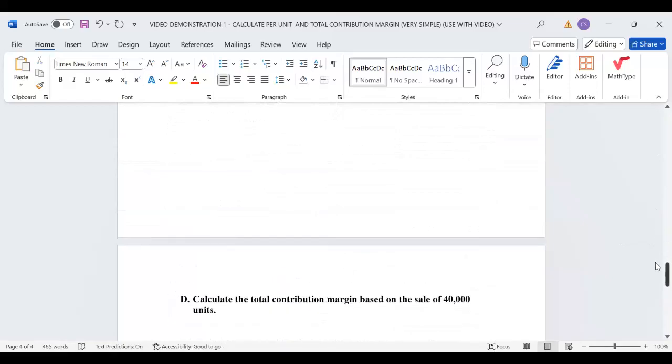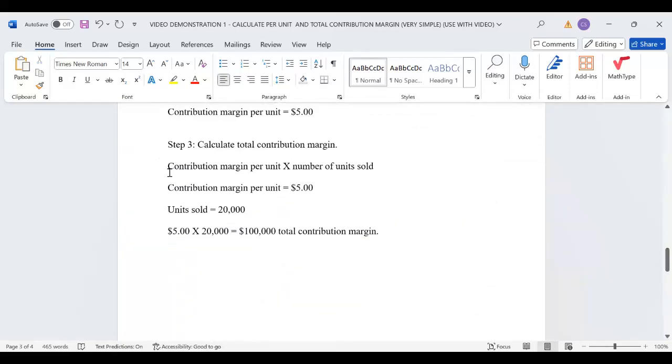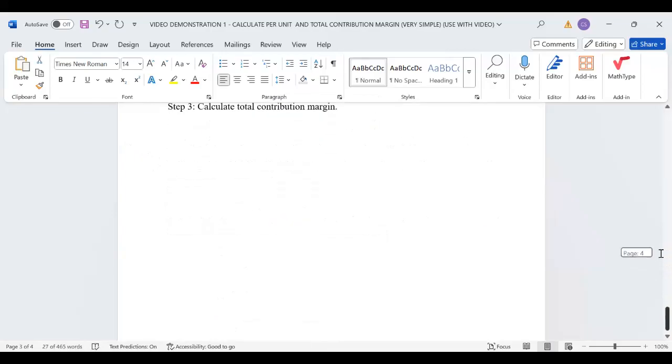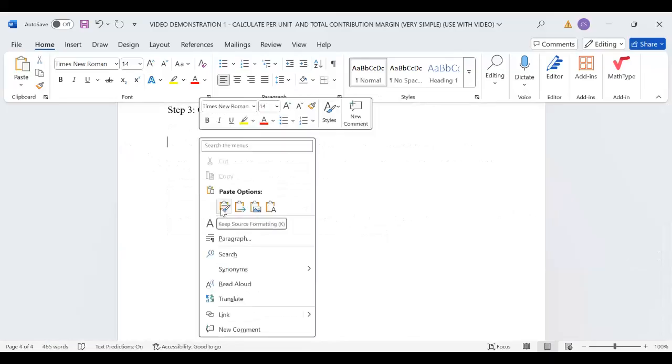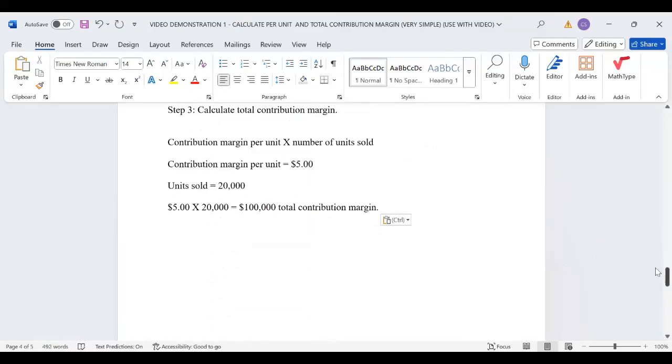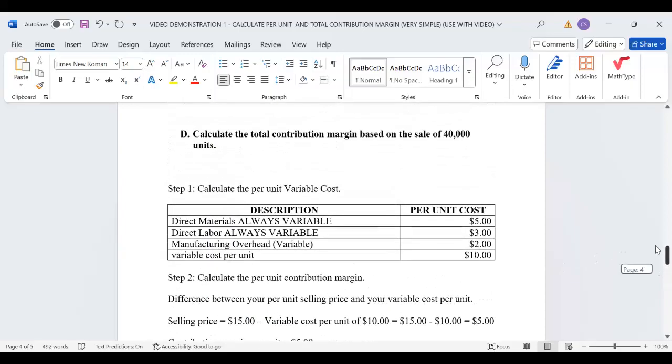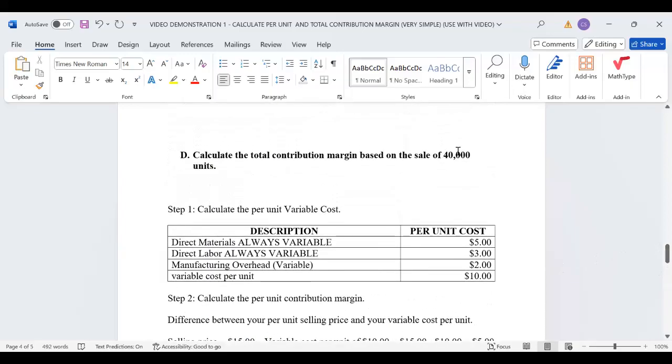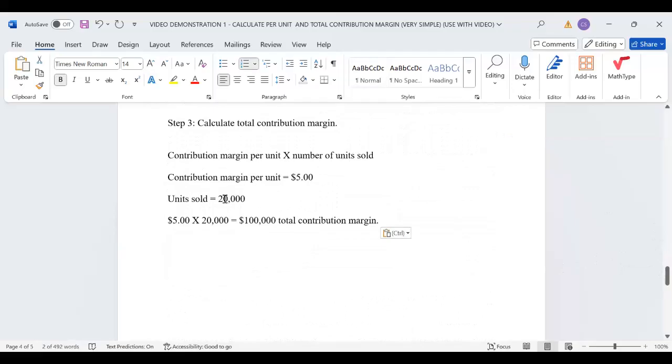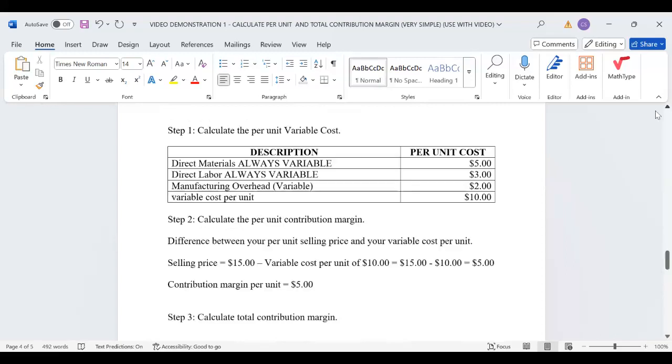Step 3 is the same except for the number of units. The number of units changes. So now the number of units is 40,000 units. So $5 per unit times 40,000 units is $200,000.